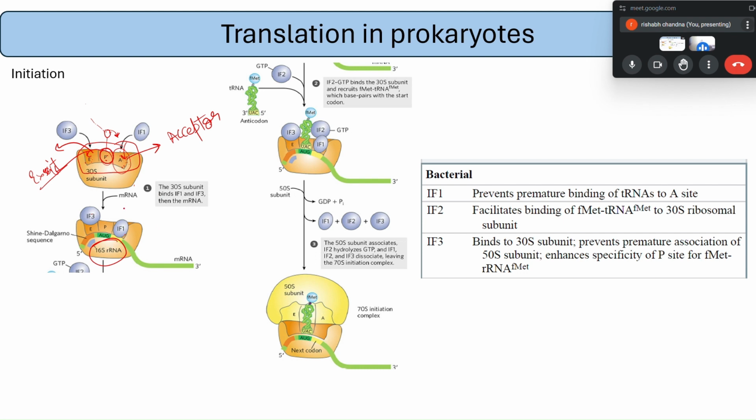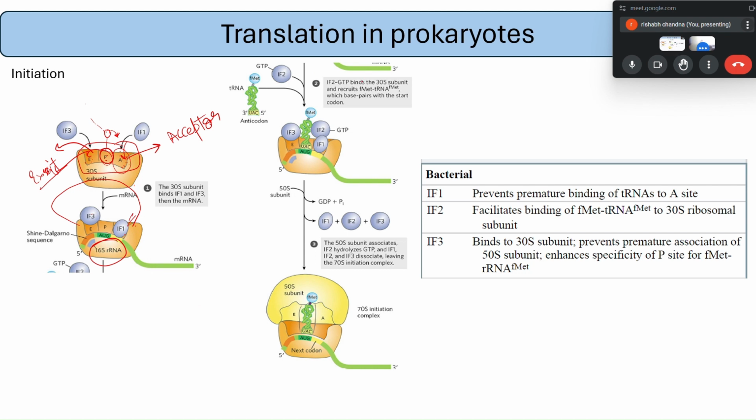IF1 prevents premature binding of the tRNA to the A site, because that is the acceptor site for the tRNAs. Then IF3 binds to the ribosome in such a way that it prevents the addition of the 50S subunit right now.